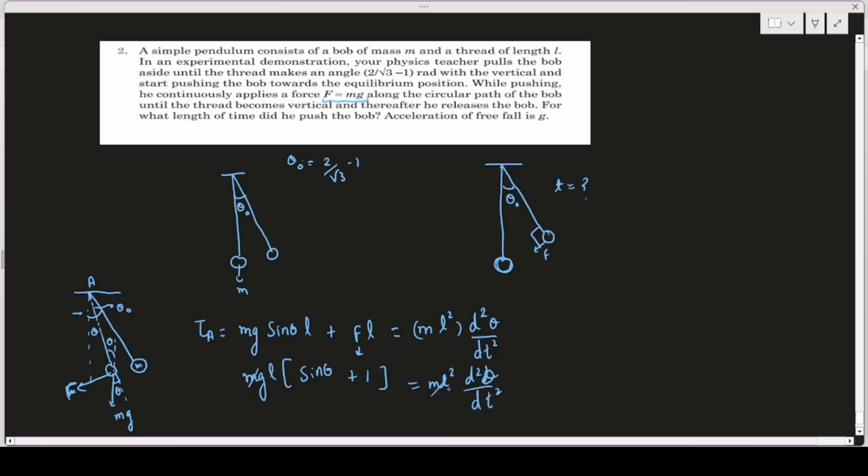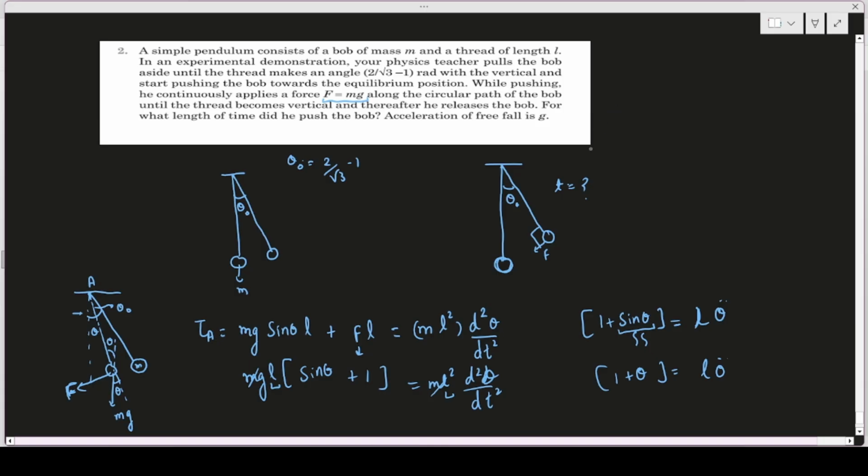This m and this m will cancel out, and one power of L from this side and one from this side will cancel out. So the equation will be g into 1 plus sine theta equal to L theta double dot. Now we can approximate sine theta to be theta. So g into 1 plus theta equal to L theta double dot.